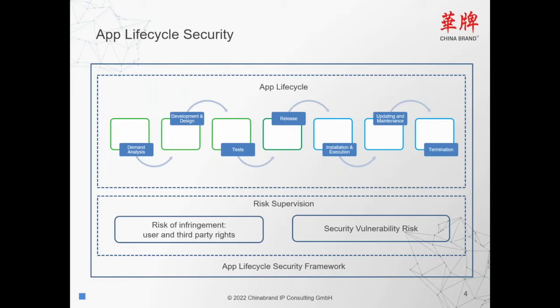However, the same is applicable for any app: in each individual phase, an analysis should be conducted to determine whether there is the possibility of a potential violation of third-party rights, for example, in the area of intellectual property or data protection. At the same time, in each phase, the emergence of security gaps must be watched and compliance with the current laws needs to be ensured.